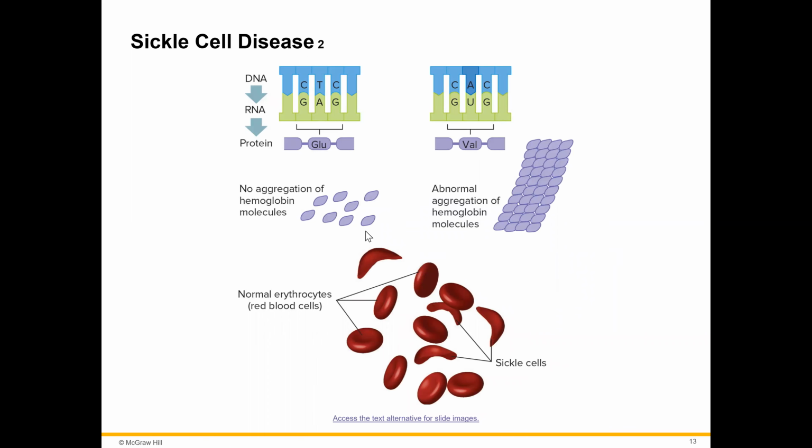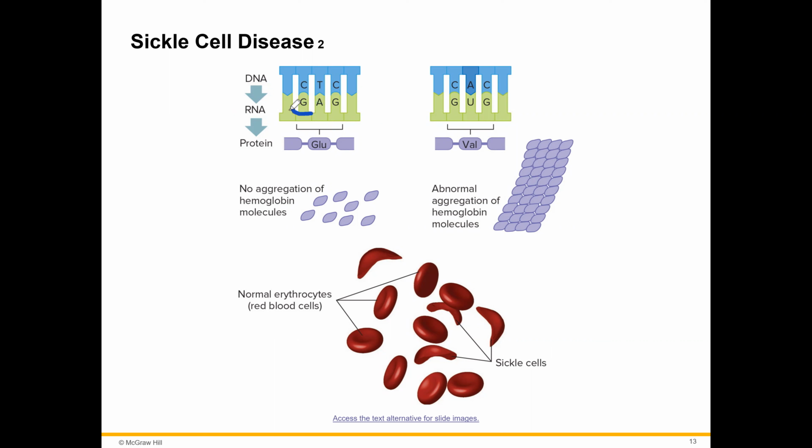So here's the DNA, and at a particular part of the DNA, we have the sequence C, T, and C. And when we make RNA from DNA, remember, RNA is built following complementary base pairing. So C always pairs with G, and T always pairs with A, and C with G, right?